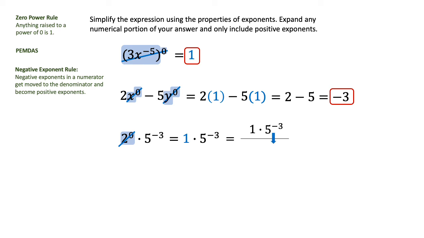And we're going to move that base of 5 and that exponent of negative 3 to the denominator so that we can change the exponent to a positive 3. And then we're going to keep the 1 in the numerator and multiply 5 by itself 3 times in the denominator, which gives us 1 over 125.